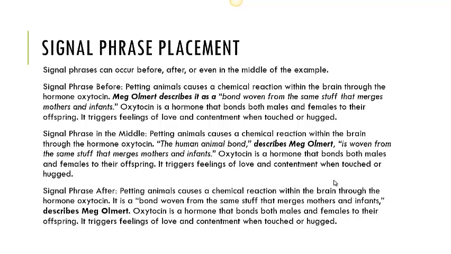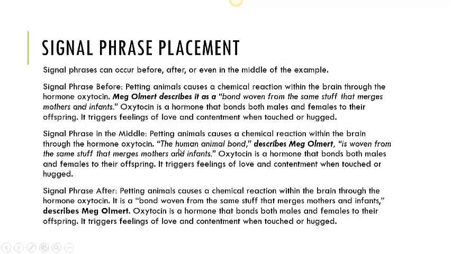But according to is a fine signal phrase, but if you use it for every signal phrase, your writing sounds very repetitive and it doesn't sound natural. So one thing you can do is vary where the signal phrase falls within the sentence, especially with quotes. You can see here we have the signal phrase at the beginning of our quote. Meg Ulmer describes it as, quote, a bond woven from the same stuff that merges mothers and infants.